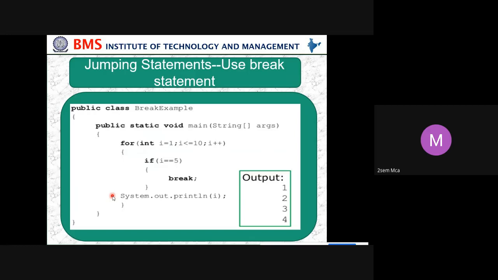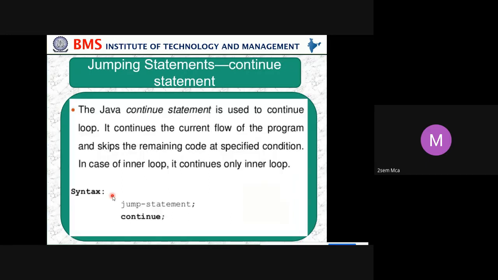Then this is the same program, but here we are stopping at 4, because within the if we have given a break. When the value becomes 5, it will come out. Because we have used break, it will come out. In the same way, we have one more thing, that is continue.